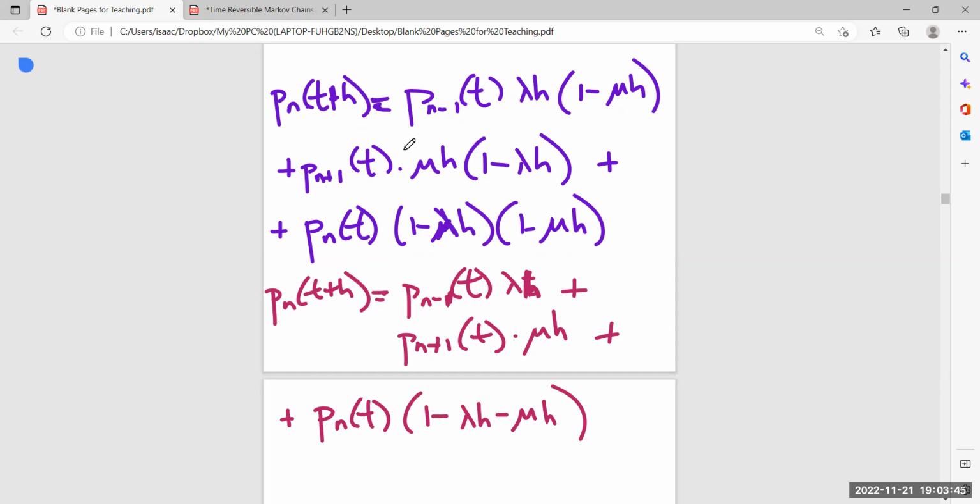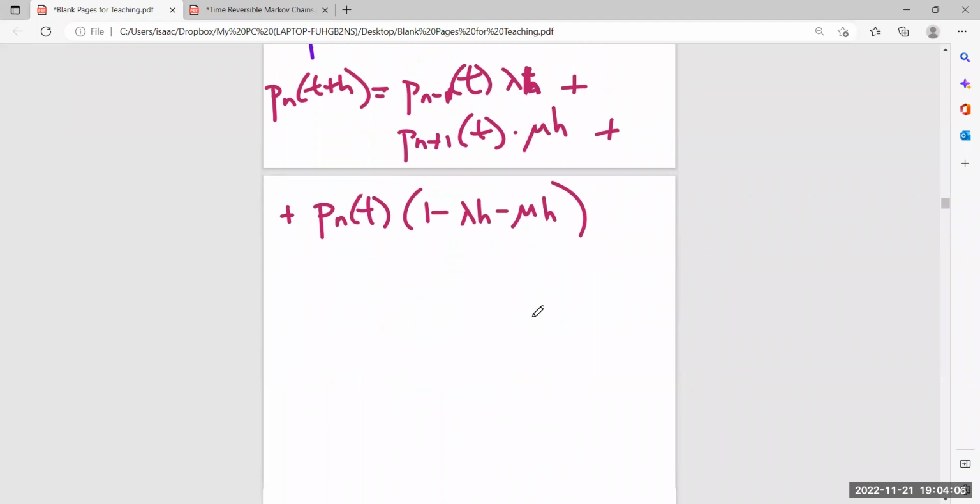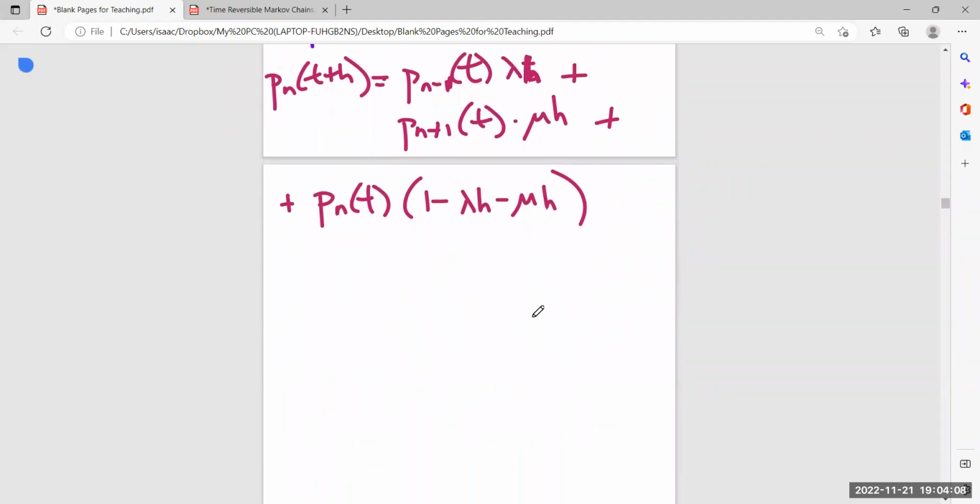The lambda mu h squared is of order o(h), so that will be 0, right?